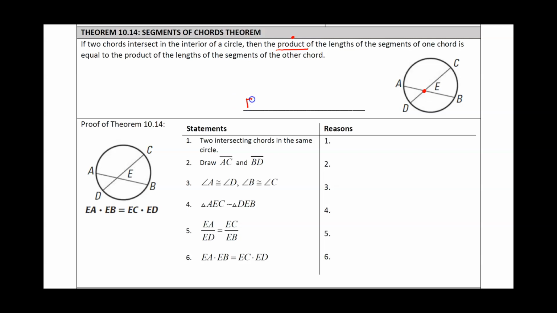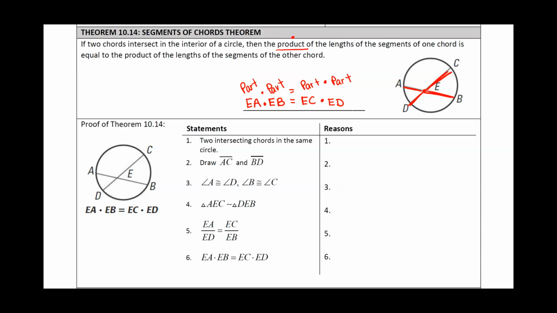This means that segment EA multiplied by segment EB equals EC times ED. So EA times EB equals EC times ED. This is the way I remember this: it is part times part of the first chord equal to part times part of the second one.